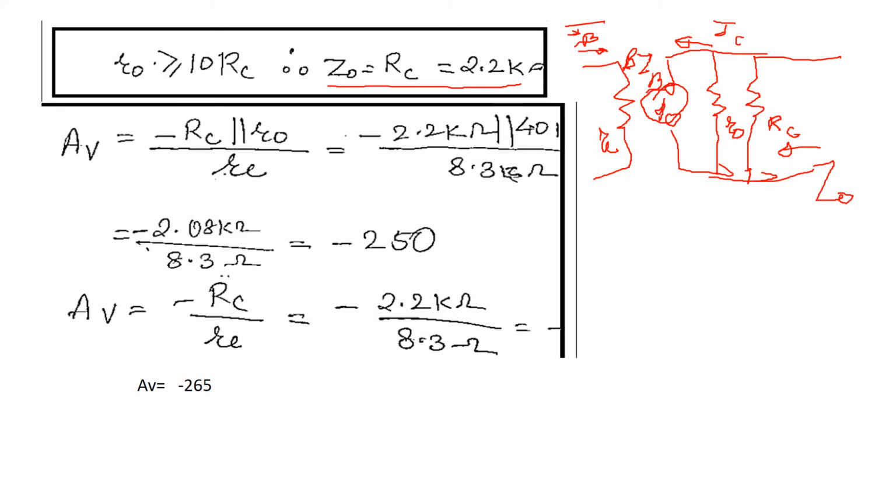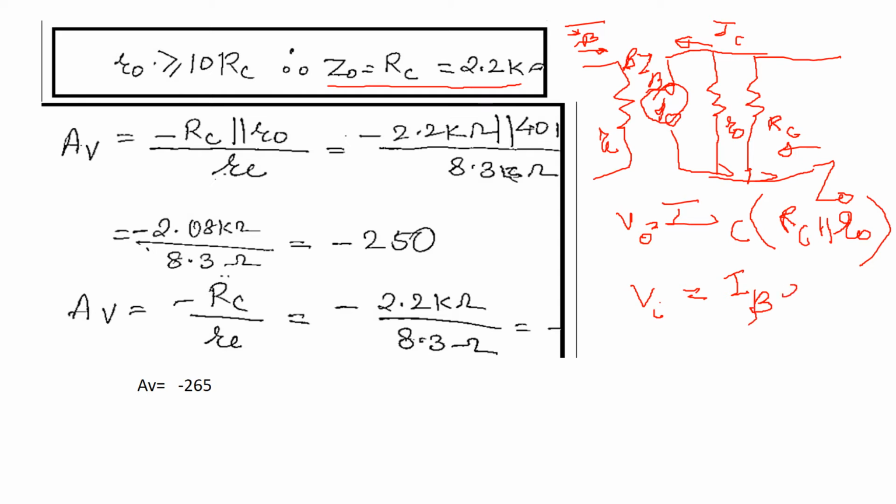So your output voltage V0 is equal to IC times RC parallel R0, then Vi is equal to IB times re.